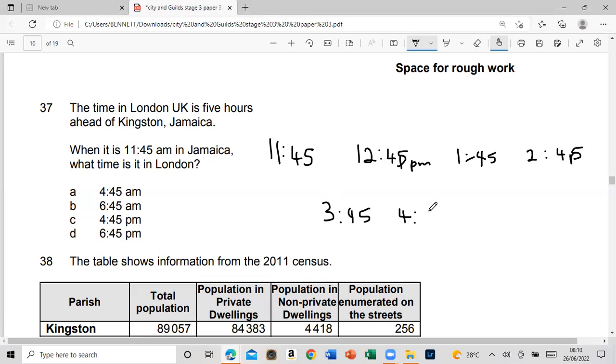So let's check how many hours. So you have 1 hour, 2, 3, 4, 5. So that'll be 4:45 PM, in the evening, as they are ahead.